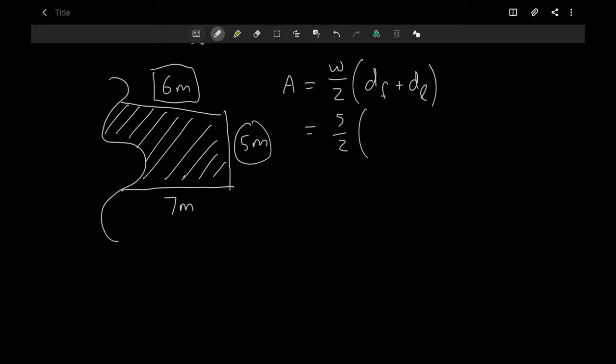Now you can pick dF to be 6 or 7, it doesn't really matter. But in this case, I'll just use 6. So dF is 6 plus dL is 7. So you have 5 over 2 multiplied by 13. And the answer is 32.5 meters squared.